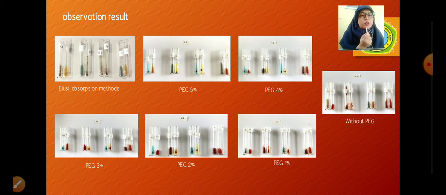Without PEG, we can see positive 2, and at 3, 2, and 1% PEG concentration it shows positive 3.